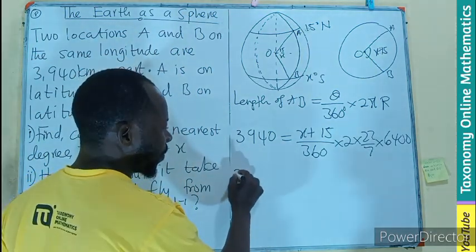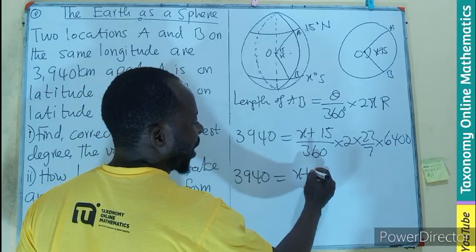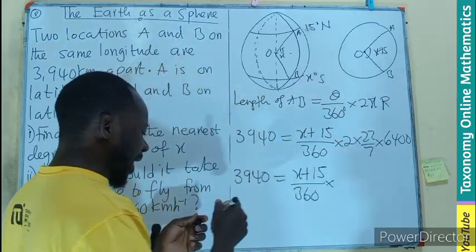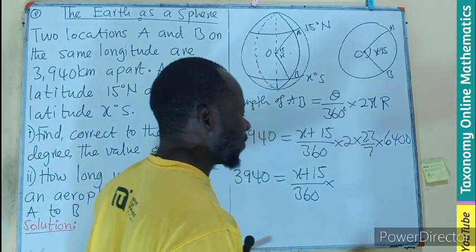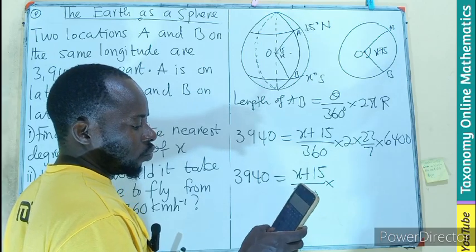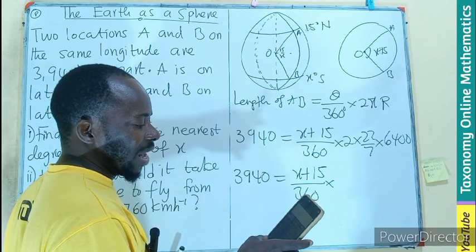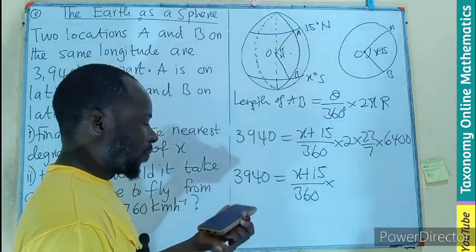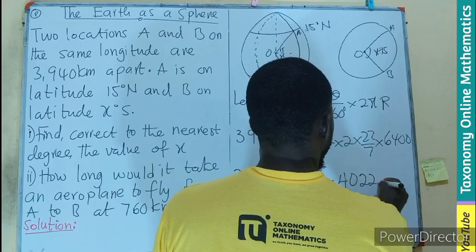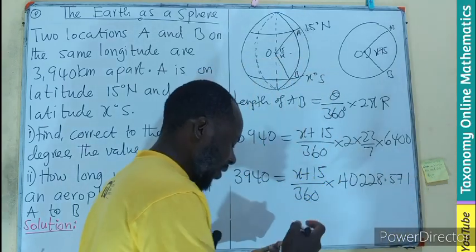So we substitute that and see what that will give us. 3,940 equals X plus 15 over 360 times, let's compute that together, 2 times 22 divided by 7 then multiplied by 6,400. We'll be having 40,228.571.